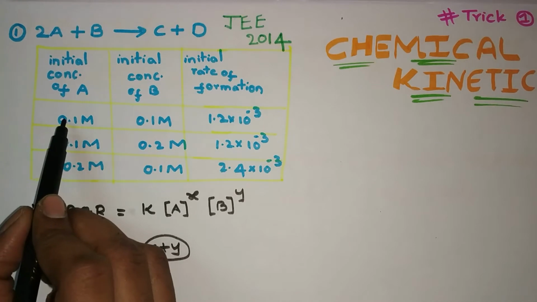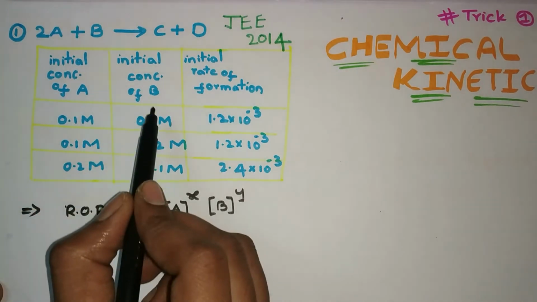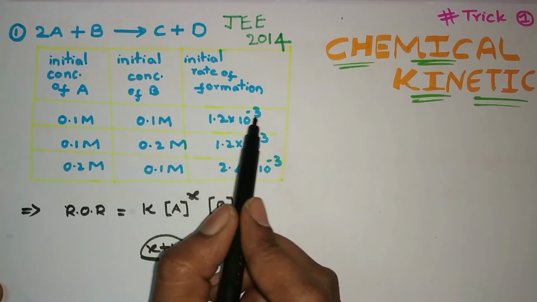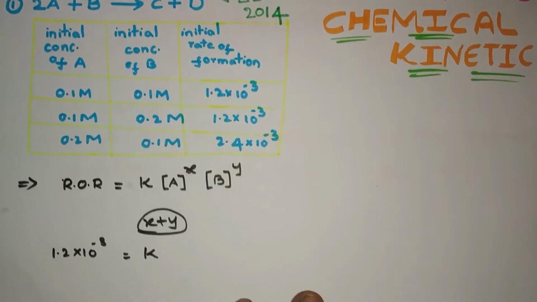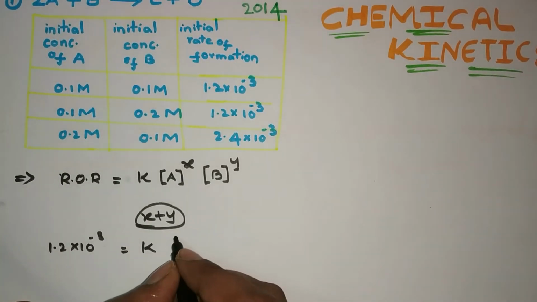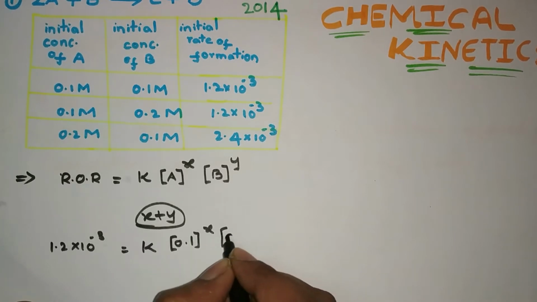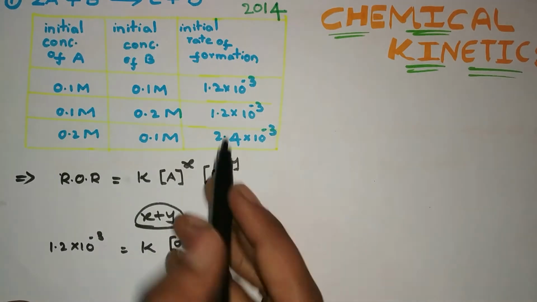First, here concentration of A is 0.1 molarity and rate of formation is given. So 1.2 into 10 to the power minus 3 is equal to K into 0.1 whole to the power x, 0.1 whole to the power y. And write down the next one.